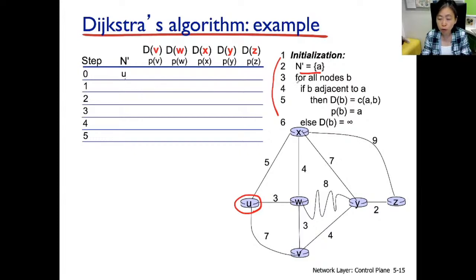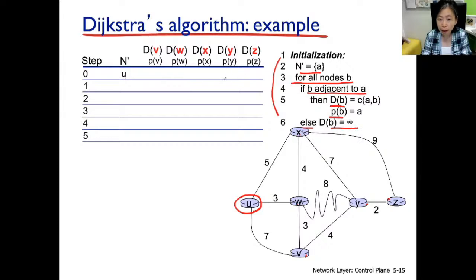The next thing is to go over all other nodes: x, w, v, y, z. For those adjacent to u, we set the minimum distance to it and set the predecessor to reach it. Otherwise, if they are not directly adjacent to u, set the distance to infinite.